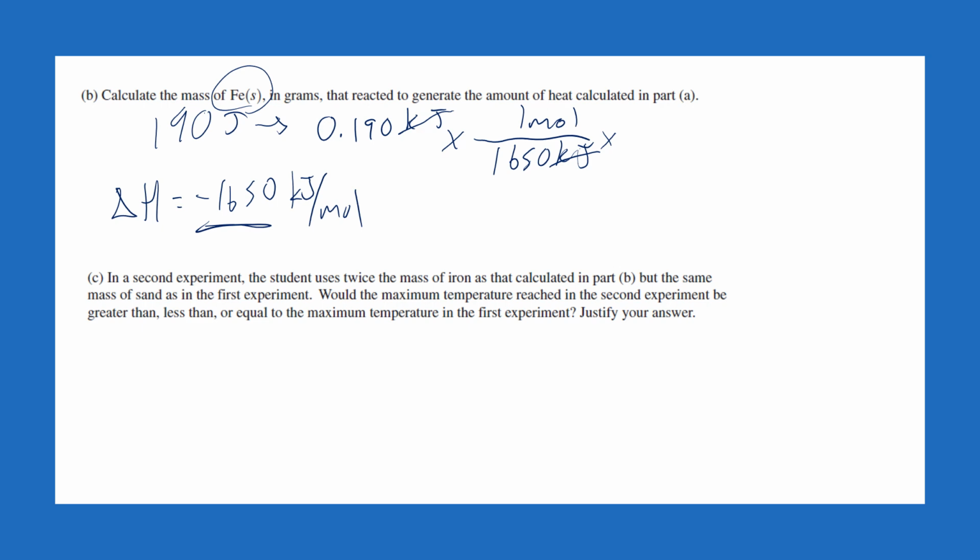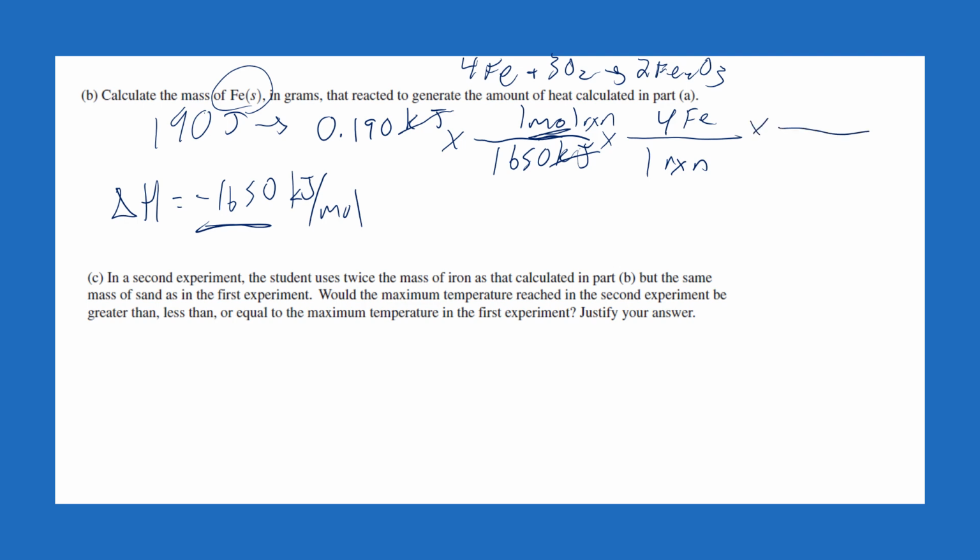So let me rewrite the equation. The balanced equation is 4 iron plus 3 oxygen yields 2 Fe2O3. That's at the beginning of the whole question. And that's important because this mole in your heat is the moles of reaction. And for every 1 reaction that happens, you have 4 irons that are used up.